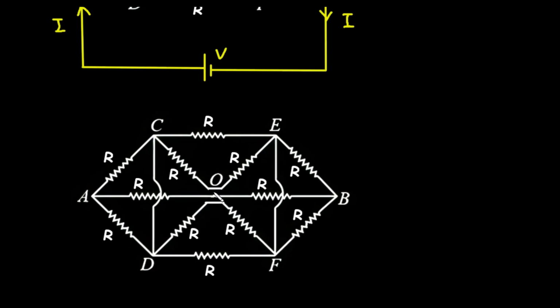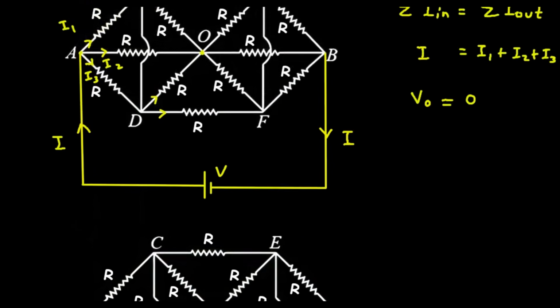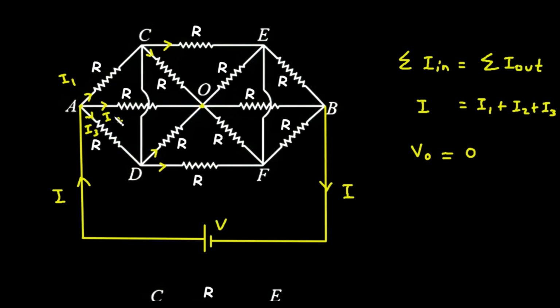The circuit will remain the same, because no current will flow through this O, because it has 0 voltage. Now the current can directly flow from A to B. Here we can see the current I2 can directly flow from A to B.